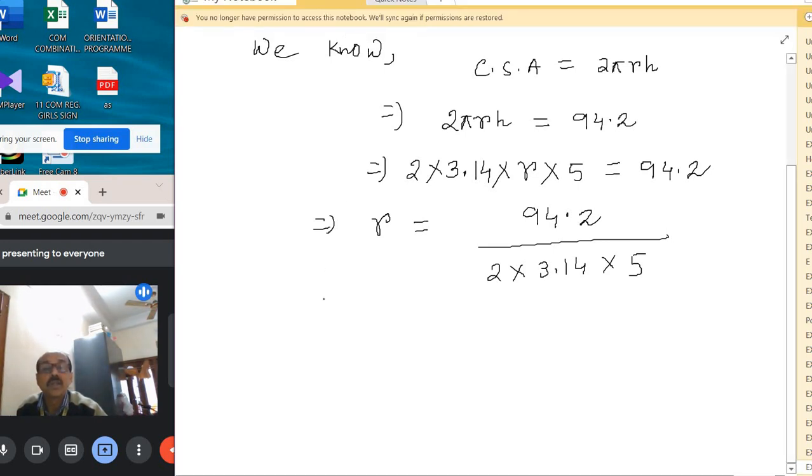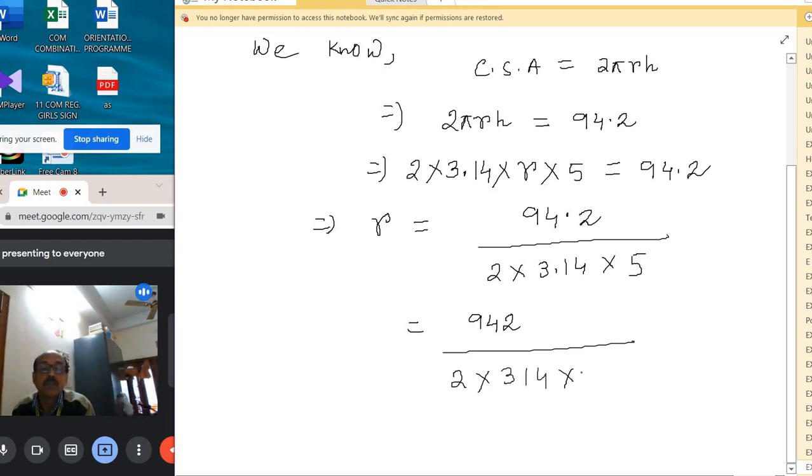So equal to 942 divided by 2 into 314 into 5. Since 94.2 means 942 by 10, and 3.14 means 314 by 100, so the 100 will go up, into 100.